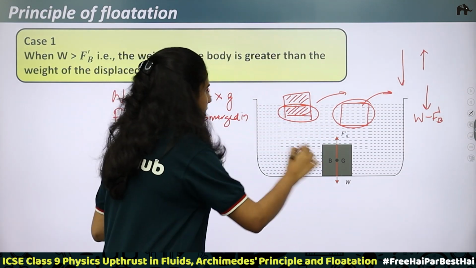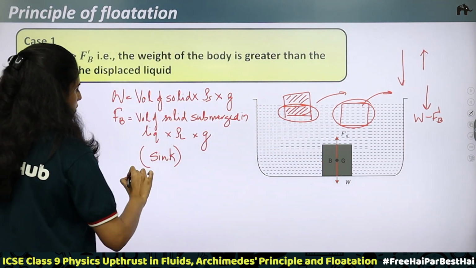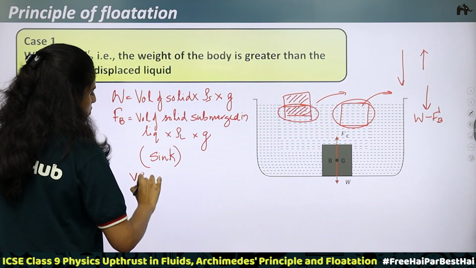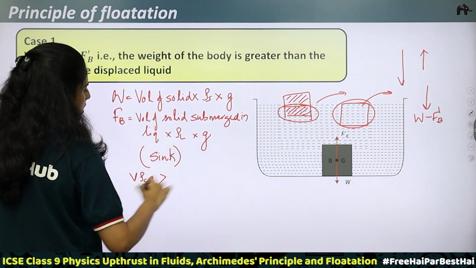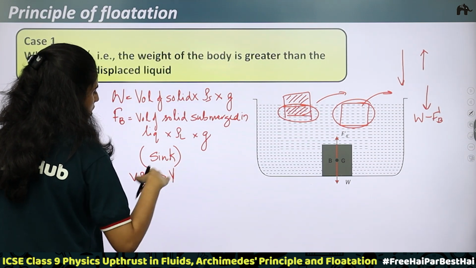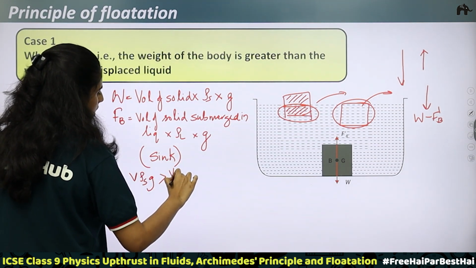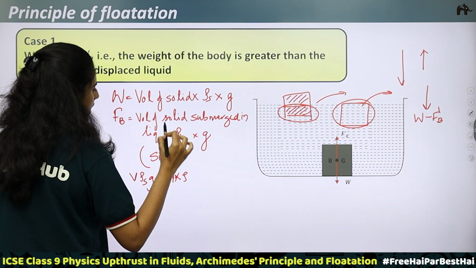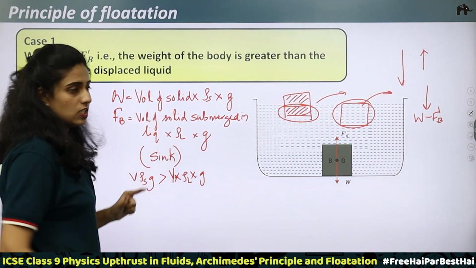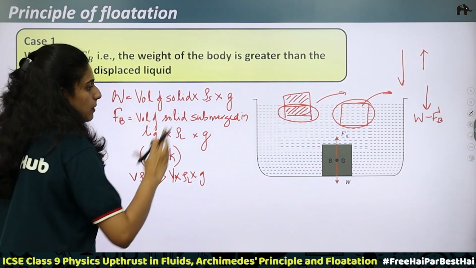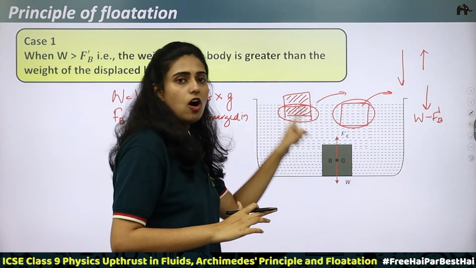Clear? So here we have volume of solid into rho s into g is greater than volume of solid that is submerged into density of the liquid into acceleration due to gravity. So in this case, which one will be denser, the object or water?